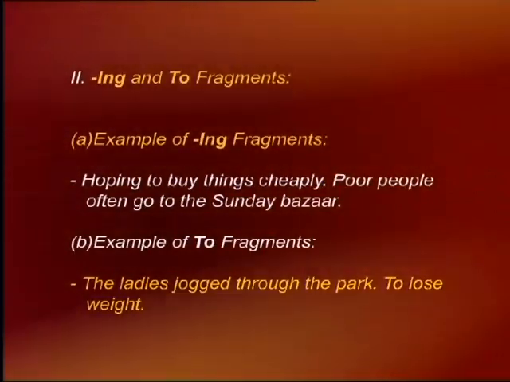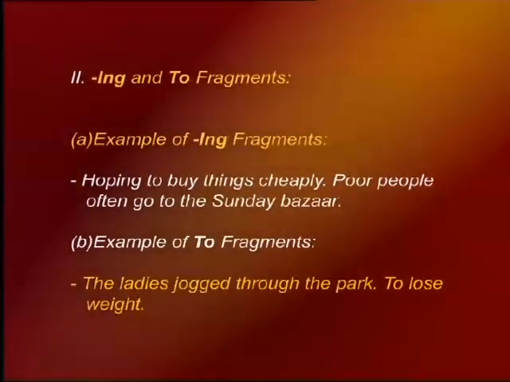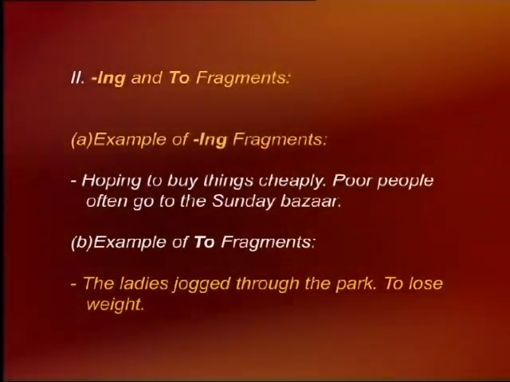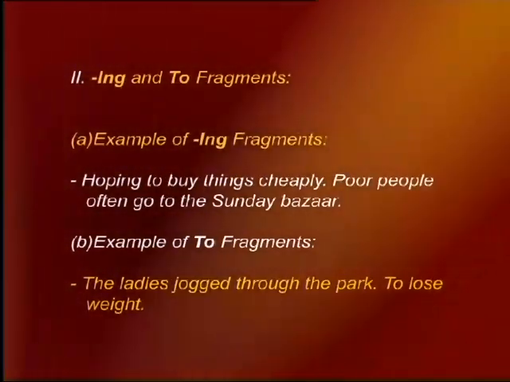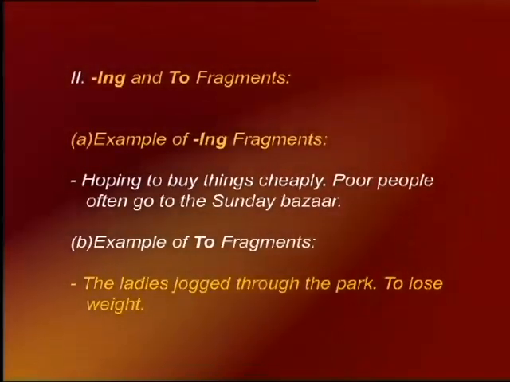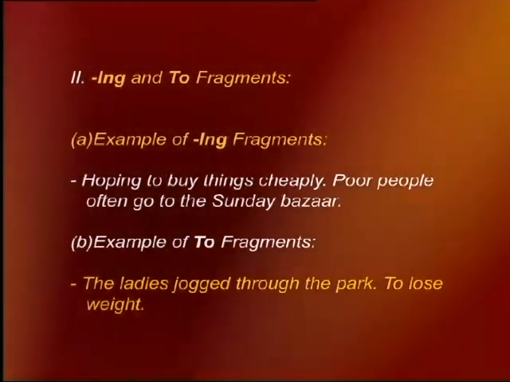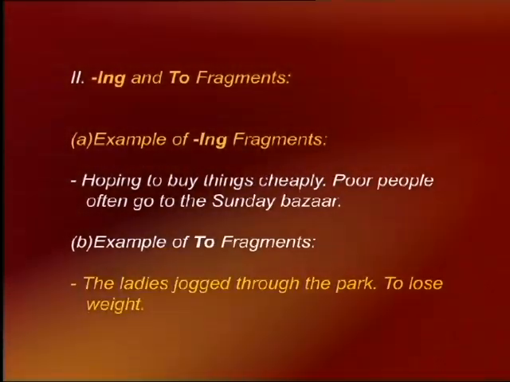Poor people often go to the Sunday bazaars. Now, here the second statement is a complete statement. But the first group of words lack both a subject and a verb. So it is a fragment, hoping to buy things cheaply. There is no subject and there is no verb.